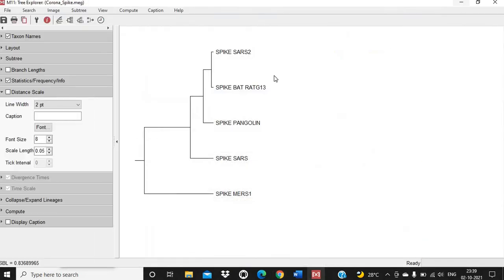So it means this tree is correct, because we see that the SARS-CoV-2 spike and bat rat G13 spike are almost identical.